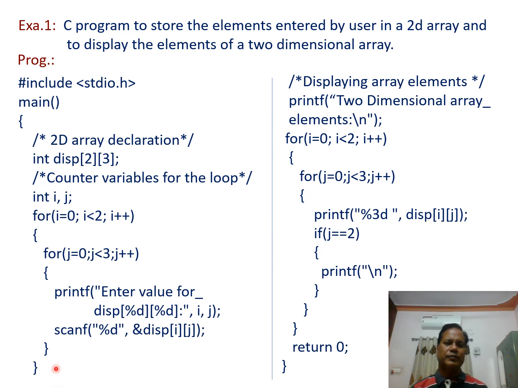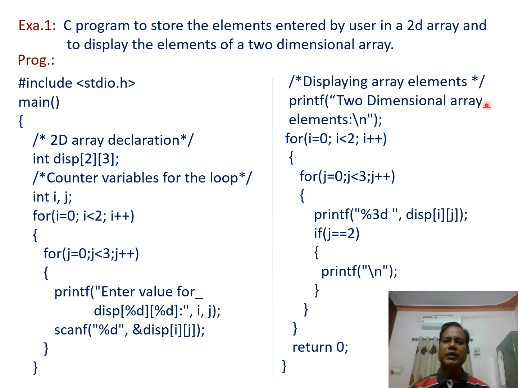Now after this, there is a next statement. Here a pseudo statement is written, displaying array elements, and after that the statement is printf "two-dimensional array elements".